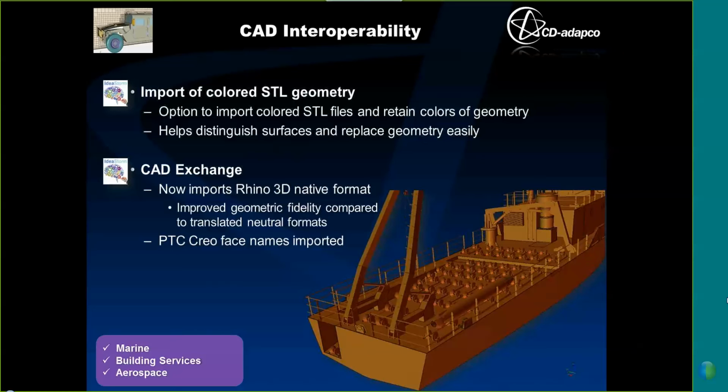We also have the ability to now import Rhino 3D in its native format through our CAD Exchange license. This, of course, gives you better geometric fidelity compared to neutral formats, so you're going to get better CAD straight away. We also have included the ability to import PTC Creo face names, which of course helps in setting up your simulations and having less work for the users.